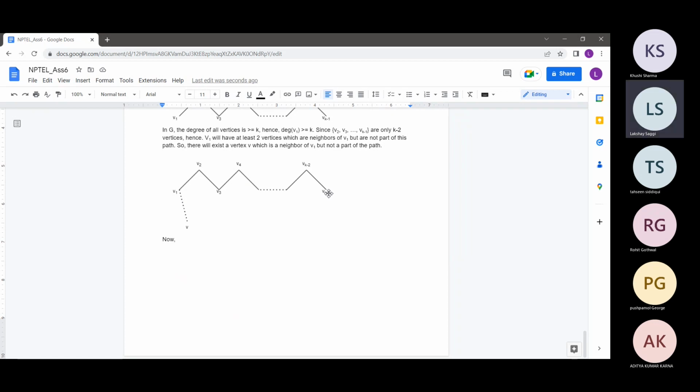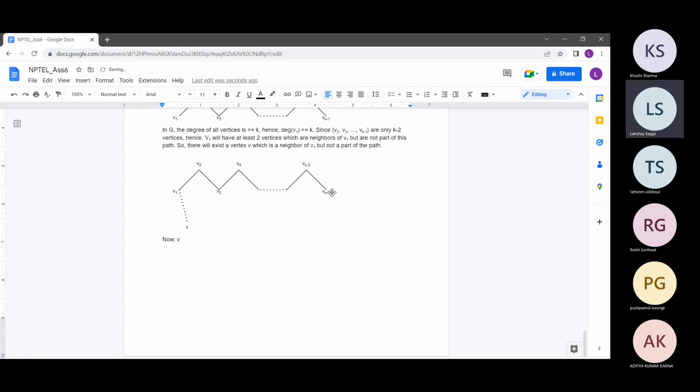So this is a contradiction, if you can see. I took the longest path from V1 to Vk minus 1, but now I'm saying there is a longer path from V to Vk minus 1. This can't be possible, because nothing can be longer than the longest path. So we will obtain a contradiction.